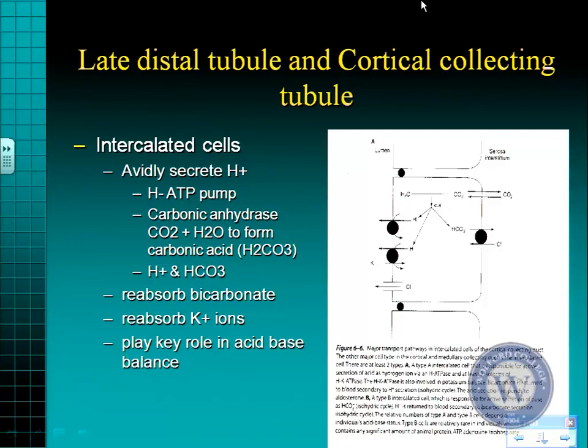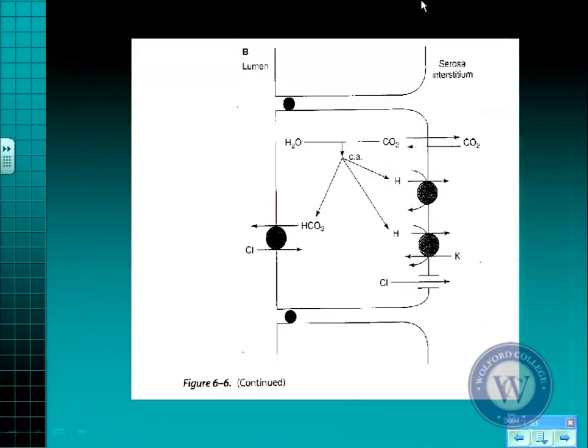But it's really a very small percentage of the distal convoluted tubule and the cortical collecting ducts, the number of cells that are able to do that. The kidney's not anything fancy. All it did is take a cell and just flip it. That's all it did. And normally these guys are asleep.